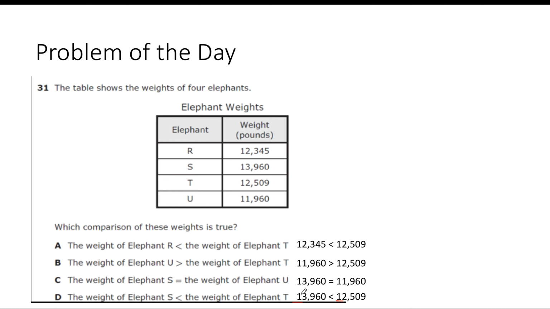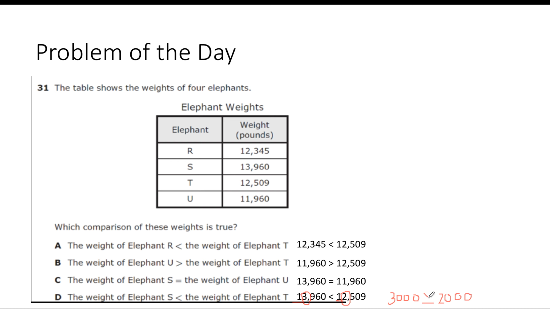So now let's go look at the thousands place. So here the thousands place is 3, and the thousands place here is 2. Is 3,000 greater than, less than, or equal to 2,000?